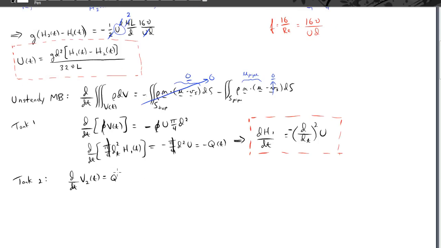And Q, once again, is equal to pi over 4 pipe diameter squared times U, the mean velocity in the pipe.